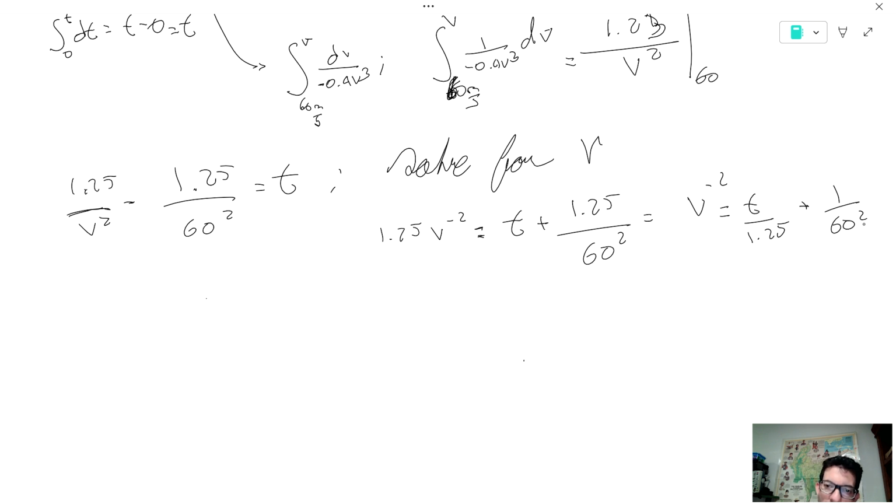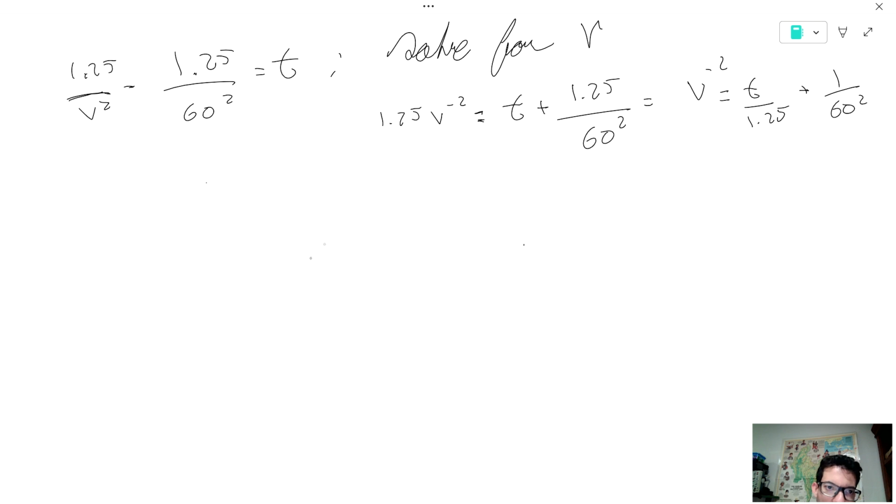All right. And then what we want is to have v by itself. This is good enough. If you give me this, you're good. But v is basically the quantity t over 1.25 plus 1 over 60 squared, to the negative 1/2.